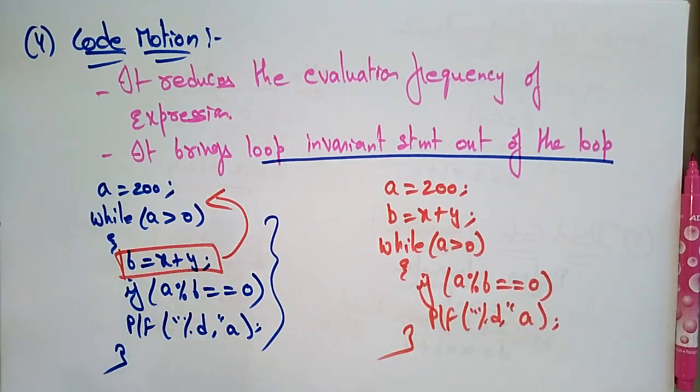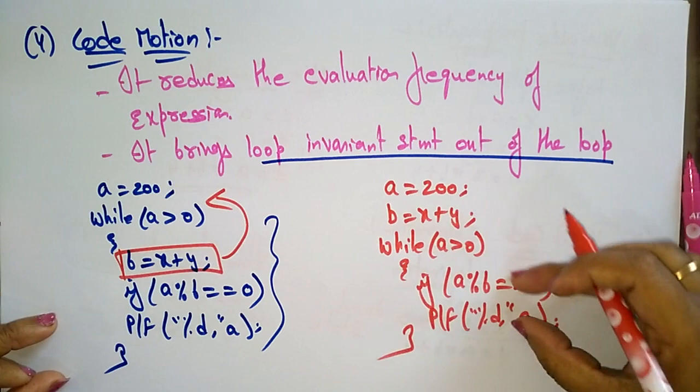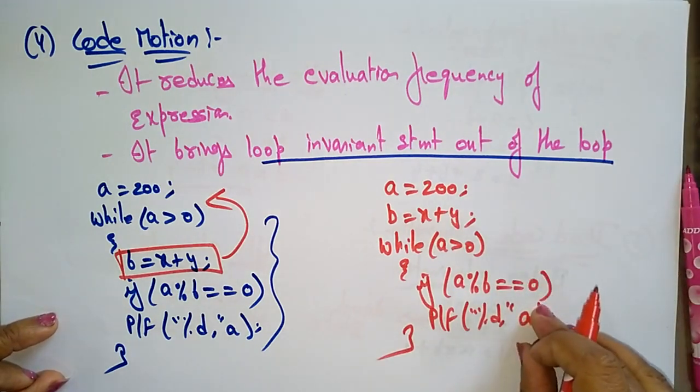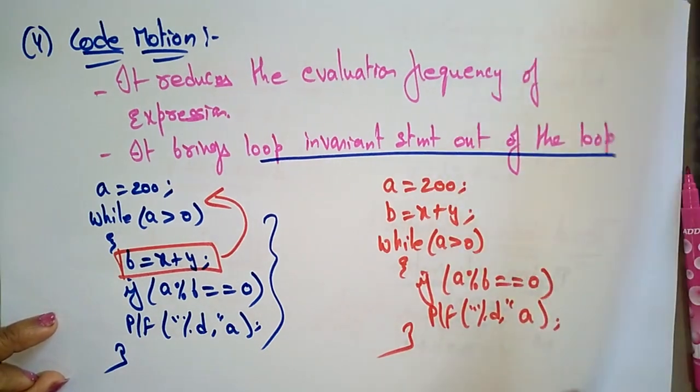Okay, I hope you understand what the code motion technique is. By using this code motion technique, the code is going to be optimized because we are reducing the evaluation frequency.